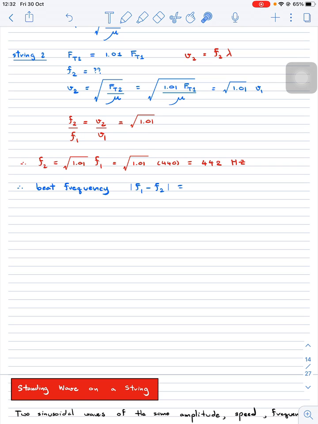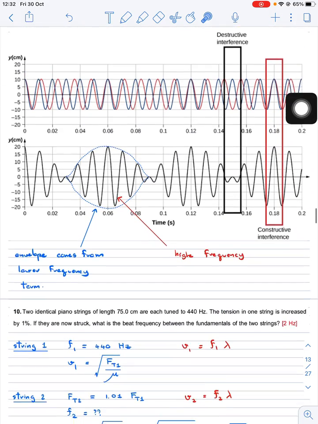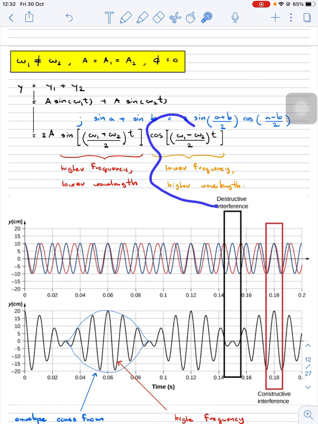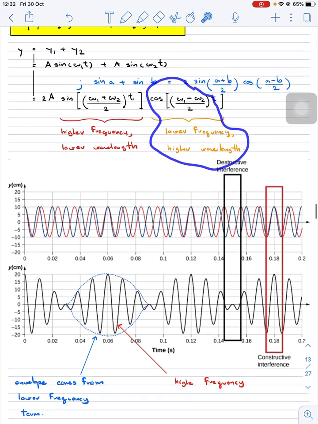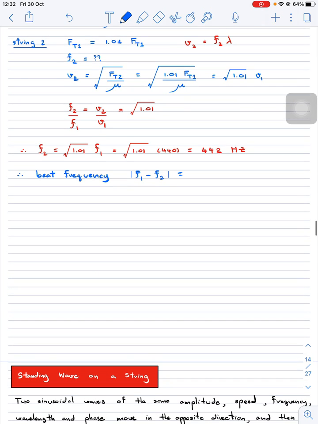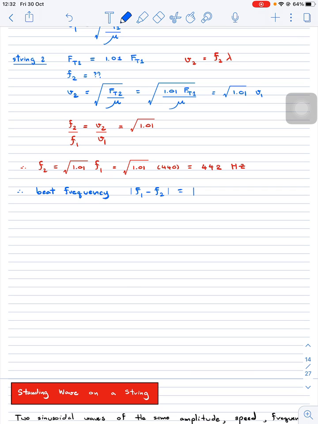So it's the difference between these two frequencies. It's going to contribute to the high-frequency wave, so it's going to be this envelope here. Then we have the absolute value of 440 minus 442, which is equal to 2 Hz. This is the answer.